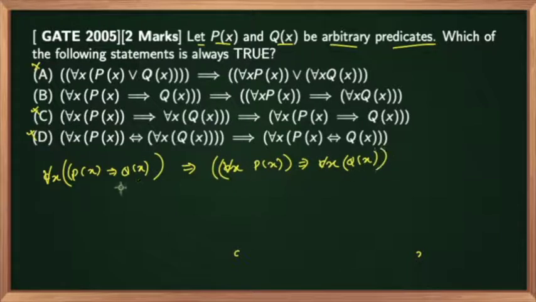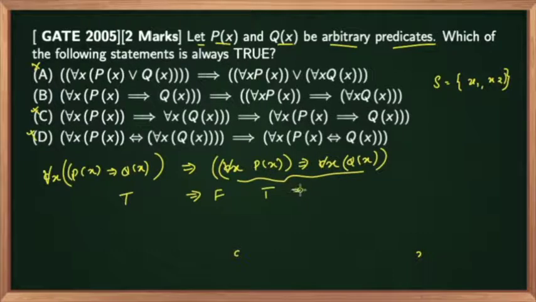Okay, so if this statement is not valid, that means I have a truth assignment such that the left hand side is true and the right hand side is false, right? So again, let's assume our domain S is equal to x1, x2. So this side should be false, right? So that means for all x, p of x should be true, and for all x, q of x should be false.